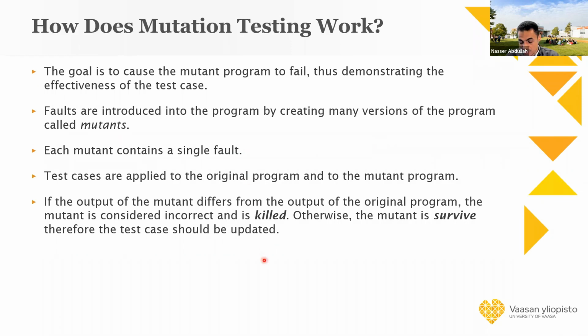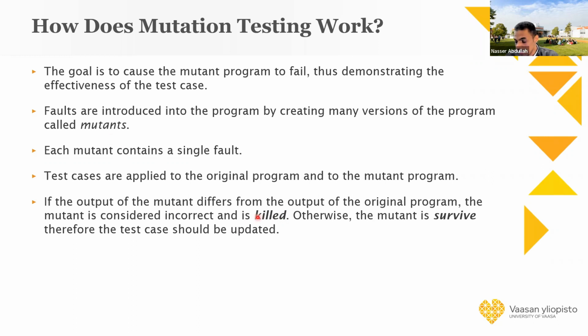So here I'm telling you, you will generate many versions, and then apply the same test cases on all these versions. If your test cases detect that mutant, as we call it, it means you kill that mutant.